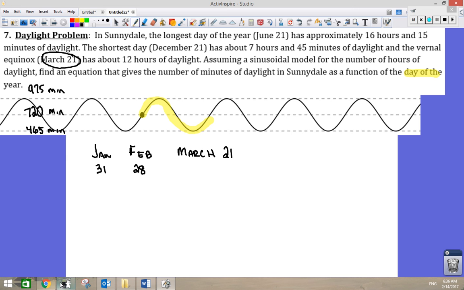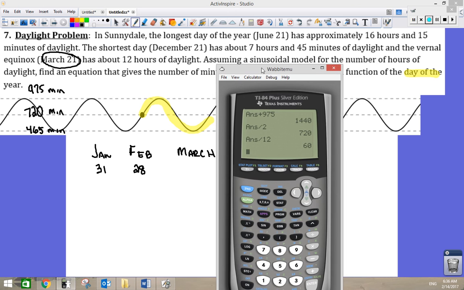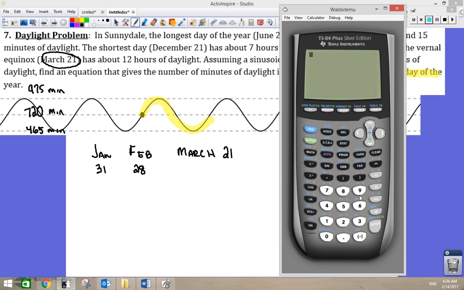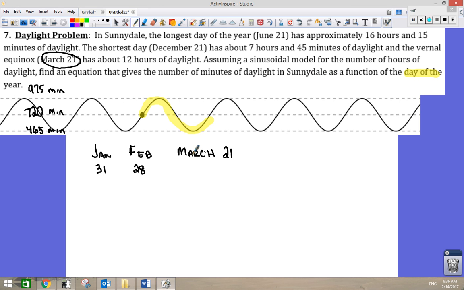Would it be right to say that 31 plus 28 plus 21 is 80? That this March 21st is the 80th day of the year, and that would put us at a starting point there.